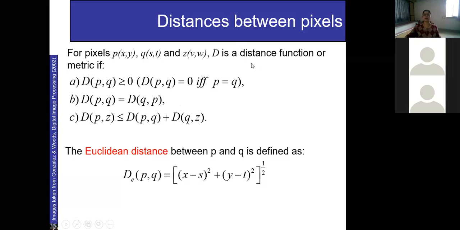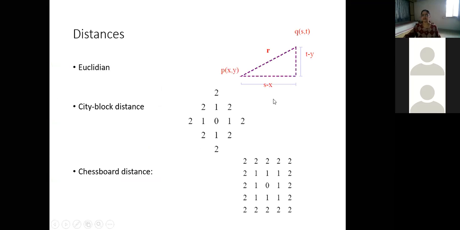Now let us have a look at various methods to compute distance. The first method is the Euclidean distance. I hope all of you are familiar with it. The Euclidean distance between two pixels P and Q is defined as d(p,q) equals the square root of (x minus s) squared plus (y minus t) squared. As shown here, it follows the basic trigonometric property.